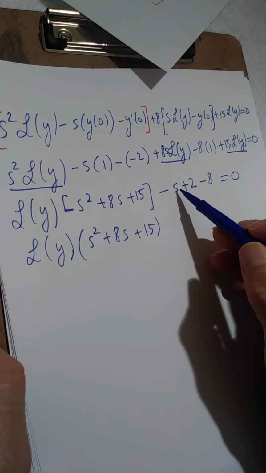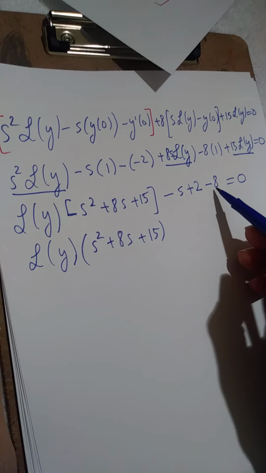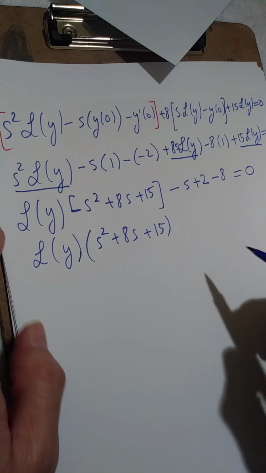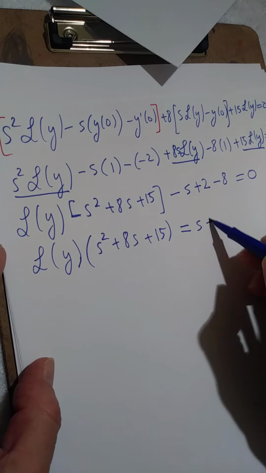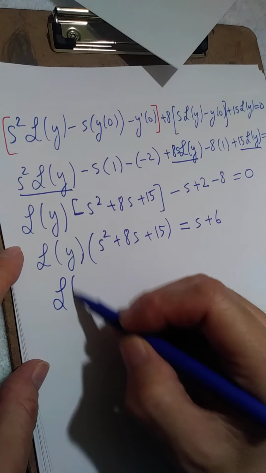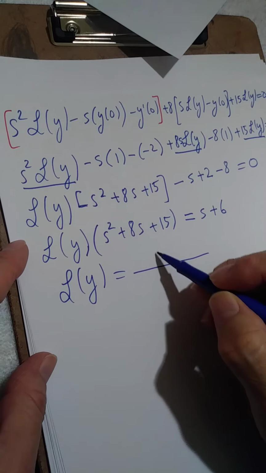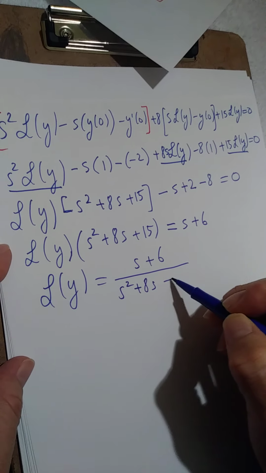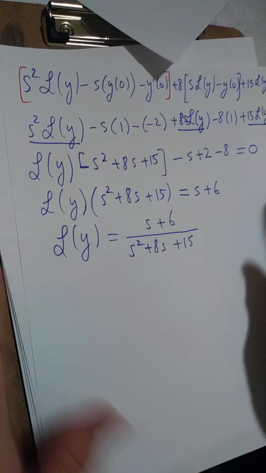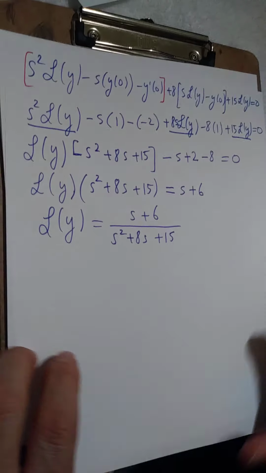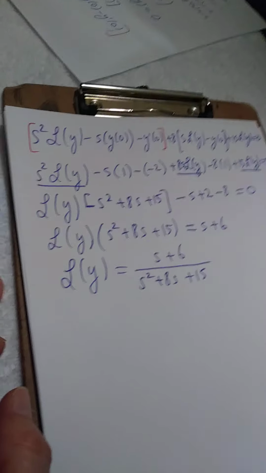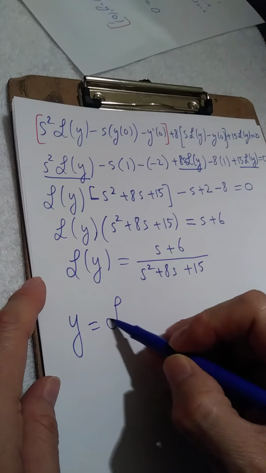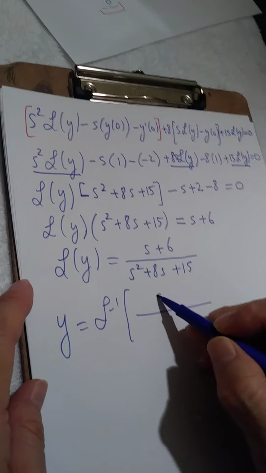Okay, this is minus s plus 2 minus 8, which is minus 6. Minus s minus 6. Okay, take it to the right side and it becomes s plus 6. Therefore, transform of y equals s plus 6 over s squared plus 8s plus 15. Next, we need to invert this, and once we invert it, that will give us the solution of the original equation. So y is the inverse of this.